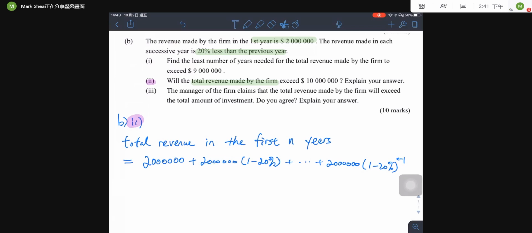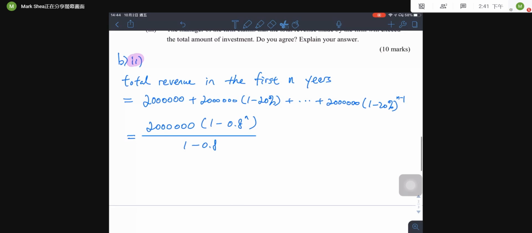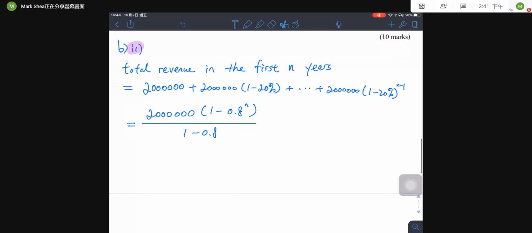This is the one we calculated in B1, and by using the sum of GS, we can have this formula. Then after we simplify, we get 10 million times (1 minus 0.8 to the power n), and this is the total revenue in the first n years.